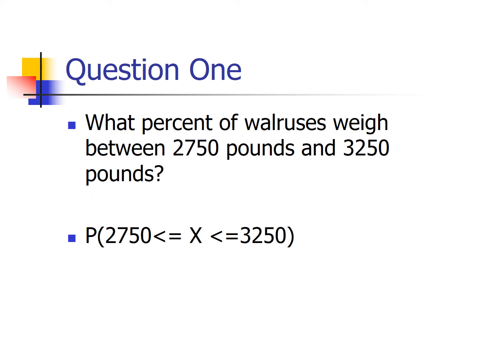Then we can answer questions like this. What percent of walruses weigh between 2,750 pounds and 3,250 pounds? Well, this is the same as asking what's the probability that walruses weigh within one standard deviation of the mean, and the empirical rule tells us that that's 68%.